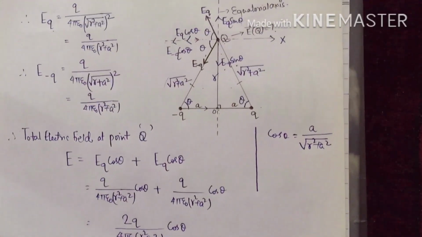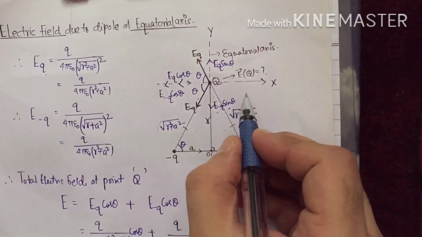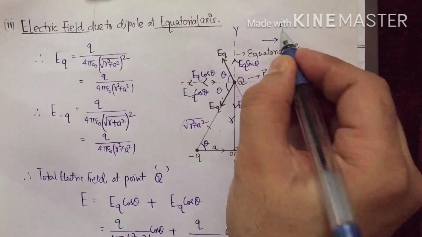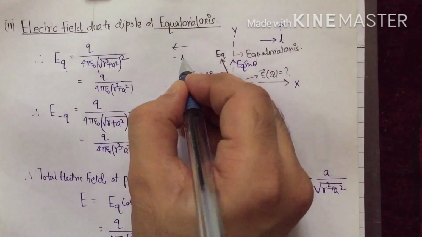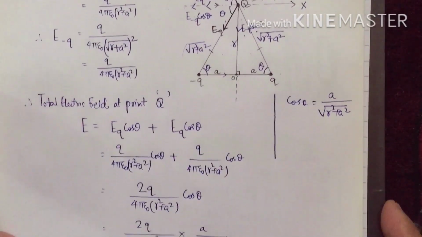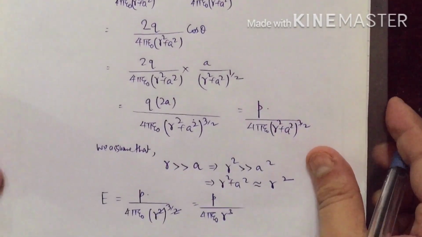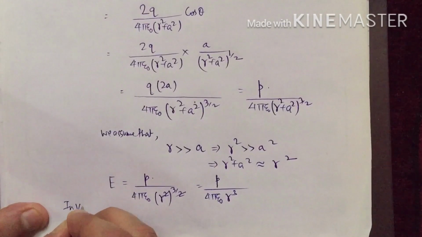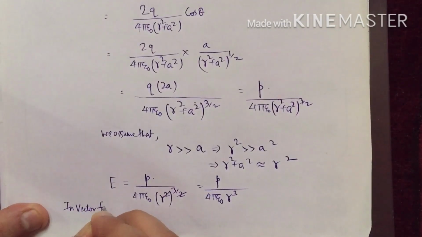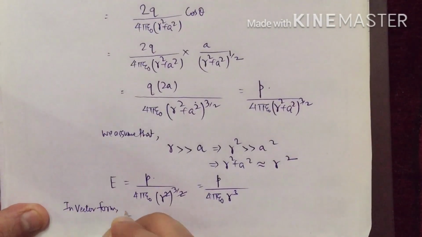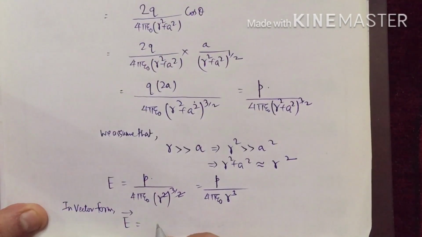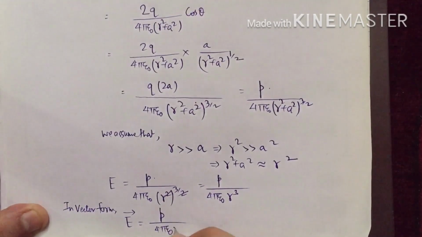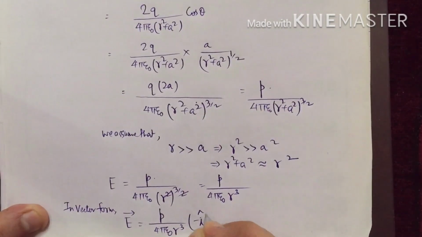Since the net electric field, we already know that towards the right we have i cap and towards the left we have minus i cap. So in vector form, the electric field is in the negative x direction, so we have magnitude P divided by 4 pi epsilon naught R cube, into minus i cap.